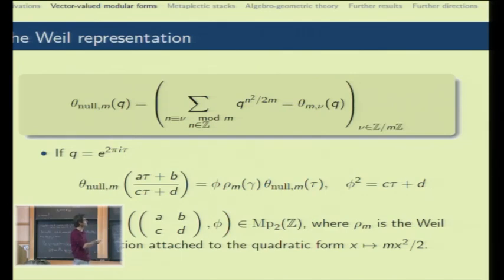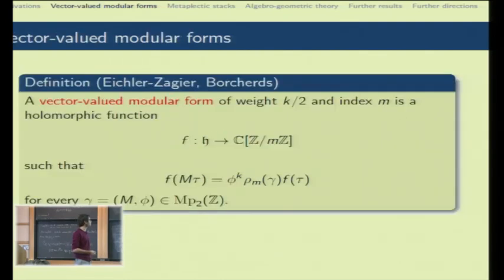We're going to try to construct vectors, and we're going to try to understand what it means for this vector to behave in this way, in a completely algebraic geometric fashion. Okay, so here's again the complex analytic definition. So forget about theta functions now. We're going to abstract out the transformation law of theta functions, and we're going to define vector valued functions from the upper half plane into this group ring, which we just view as a complex vector space with a canonical basis of delta functions.